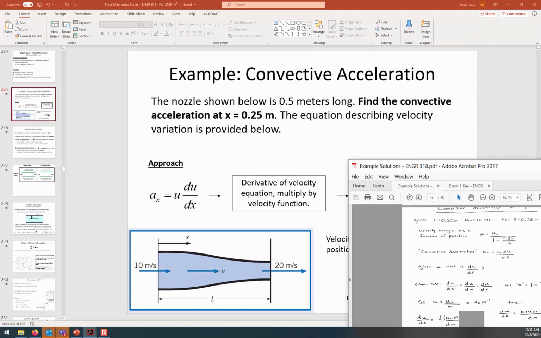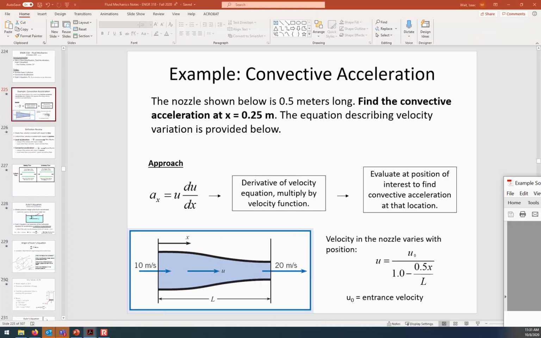So what we're doing is, this is asking, find the convective acceleration at x is 0.25. And so the acceleration, by the way, isn't the same everywhere in here. Think about where the walls of the pipe are relatively parallel to each other. There's no acceleration. If the pipe diameter isn't decreasing at a certain spot, there's no acceleration.